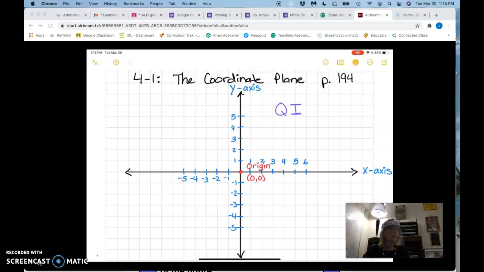And then we're going to work counterclockwise for the rest of the quadrants, which is kind of weird, but that's just the way the quadrants go. So that's quadrant 2. Down here would be quadrant 3. And this one will be quadrant 4. And they do use Roman numerals for the quadrants.